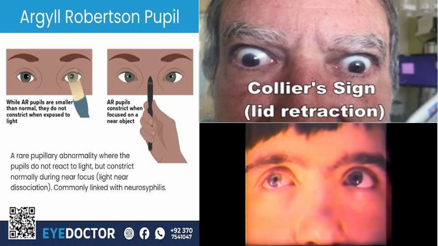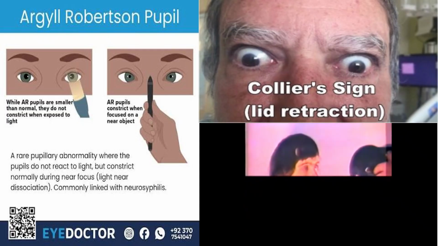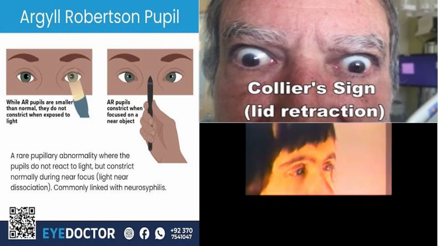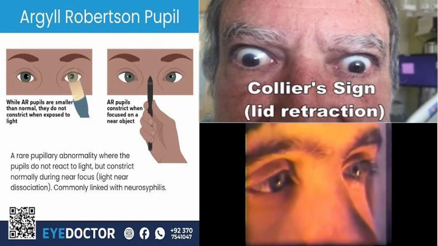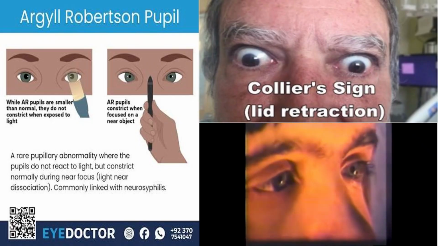This side view will allow you to see the retracting movements of the globes.